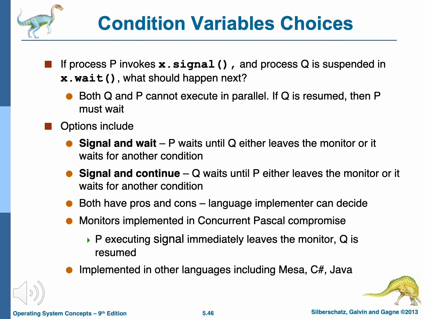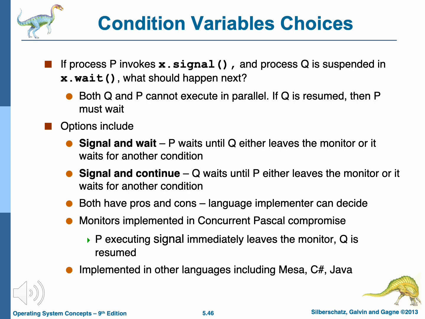Now suppose that when the x.signal operation is invoked by a process P, there exists a suspended process Q associated with condition x. Clearly, if the suspended process Q is allowed to resume its execution, the signaling process P must wait. Otherwise, both P and Q would be active simultaneously within the monitor.